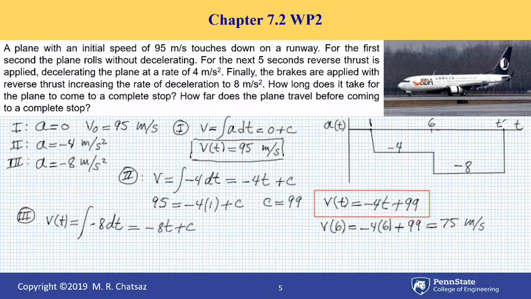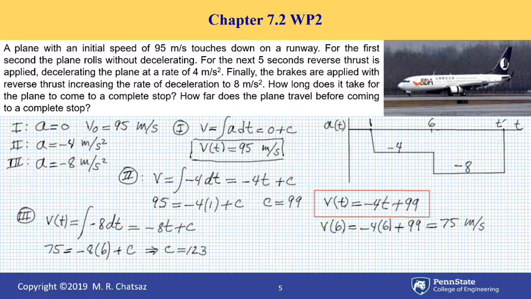So if I plug velocity equal to 75 at 6 seconds, I can find the constant to be, let's see, 75 plus 48, which is 123.